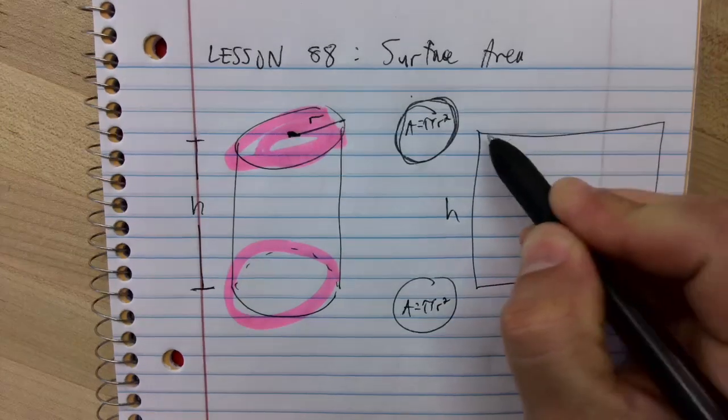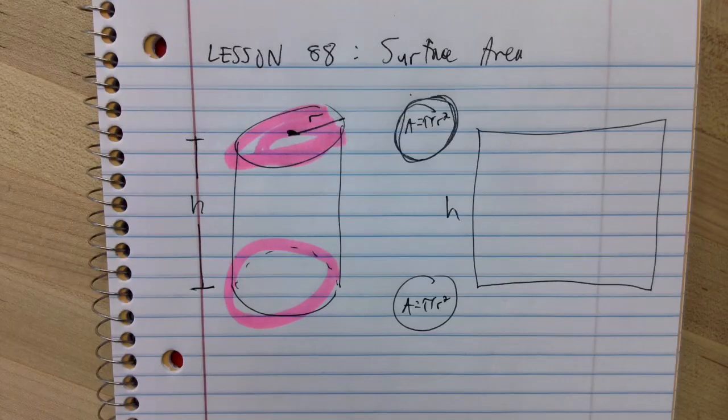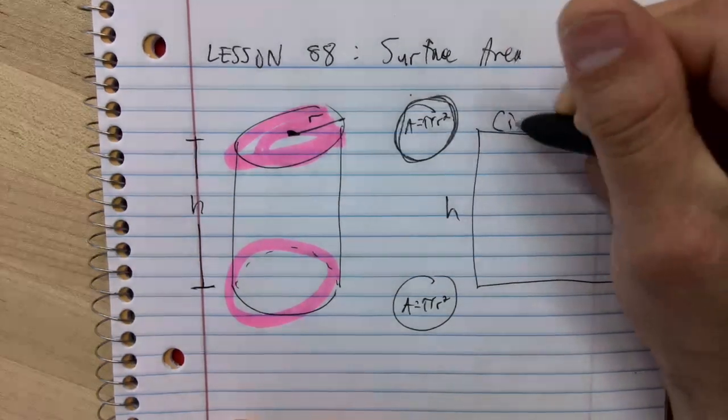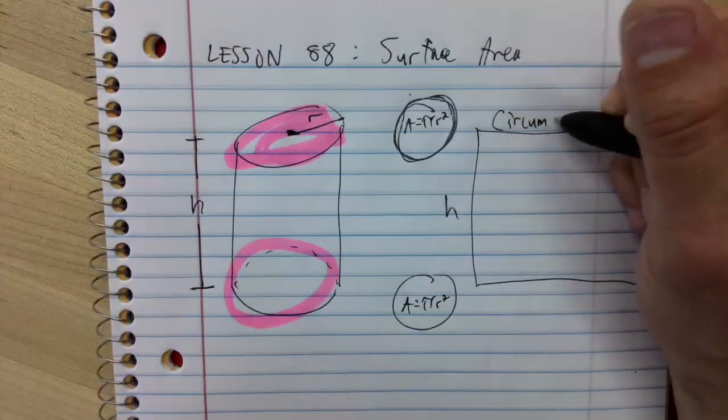So how long does it have to be such that it will bend all the way around the circle? What particular value is that, Ezra? We call it the circumference. So it has a height and it has a circumference.